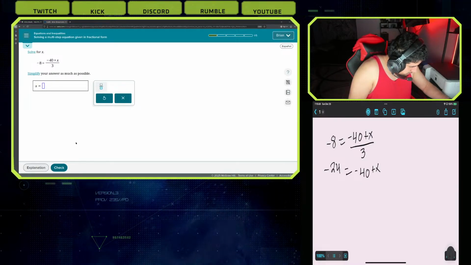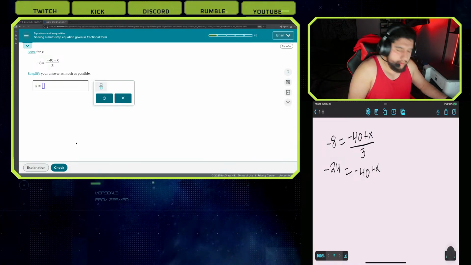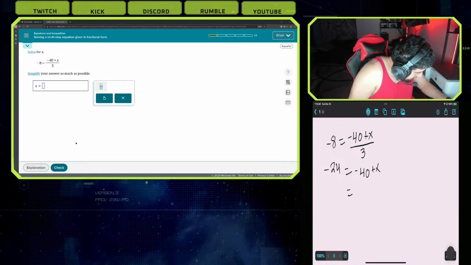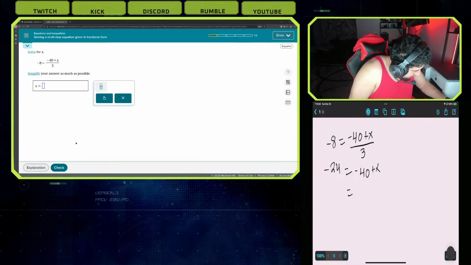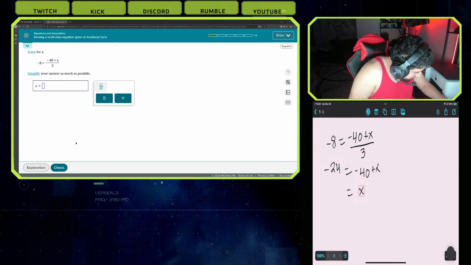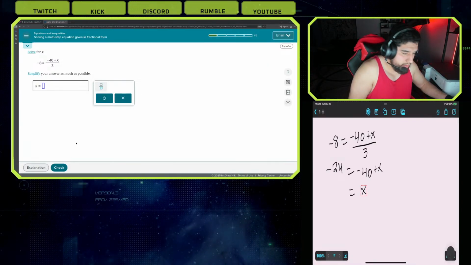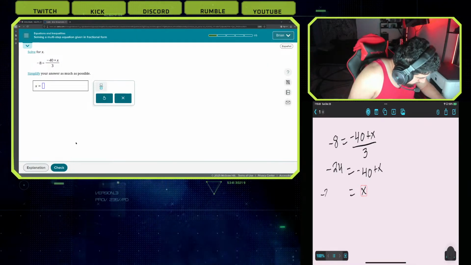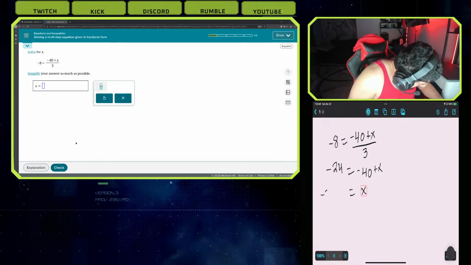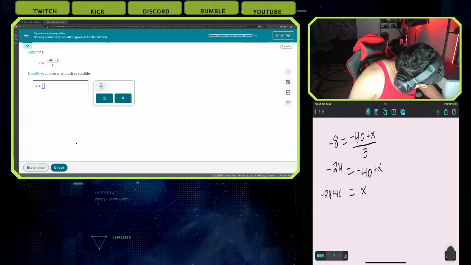Now, let's see. You could move the x over. Like in your guys' head, hopefully you guys could do this. Alright, so that is x by itself over here. You need to add 40, alright, to get rid of negative 40 on the other side. So negative 24 plus 40.